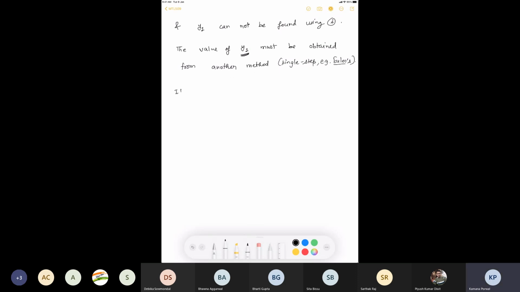If we can determine y1 with accuracy of order h square, then the AB method has global error of order h square, and that is because the truncation error is of order h cube.